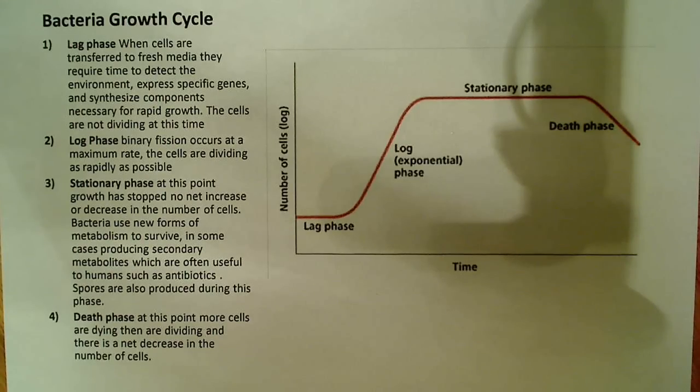Then it enters what arguably is the most important stage in the bacterial growth cycle, and that is the stationary phase. At this point, the growth is stopped, so there's no net increase or decrease in the number of cells. Basically the same number of cells are dividing as are being killed. And at this point, the bacteria use new forms of metabolism to survive.